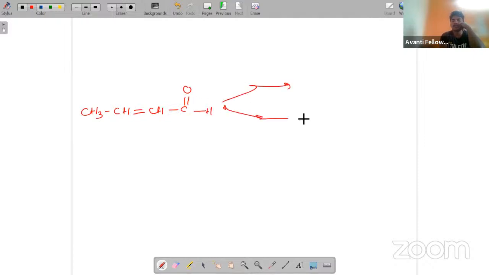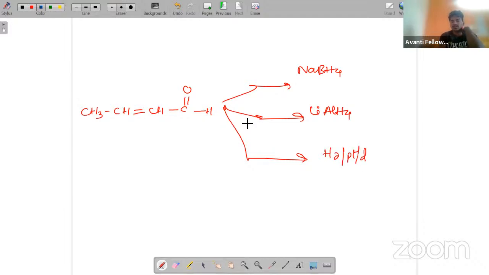Let's suppose CH3, CH double bond CH, C double bond O, H. If I take first NaBH4, second LiAlH4, and third H2 in the presence of platinum and palladium, listen to the products, guys.